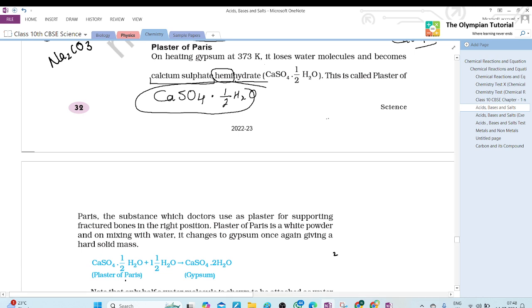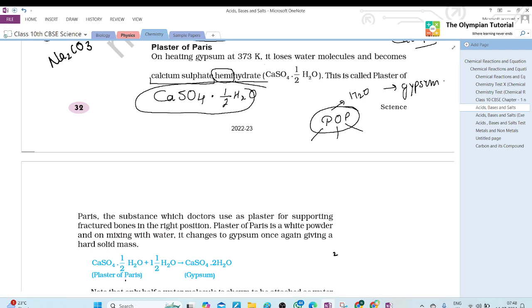Have you ever heard of someone getting POP work done at home? This is plaster of Paris. When it reacts with water, it gives gypsum, which is a hard substance. Students, did you get the concept of this one?